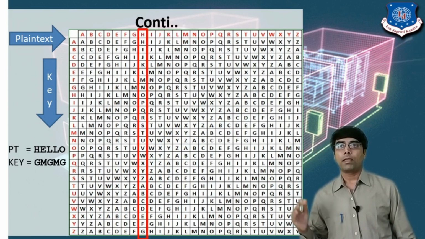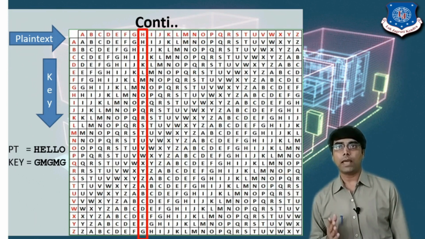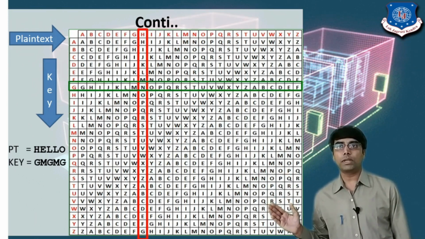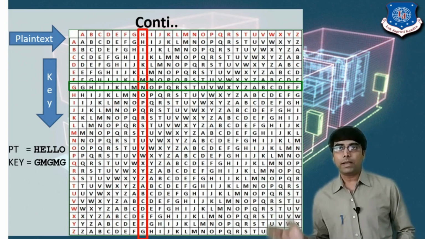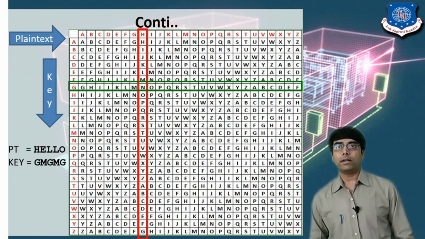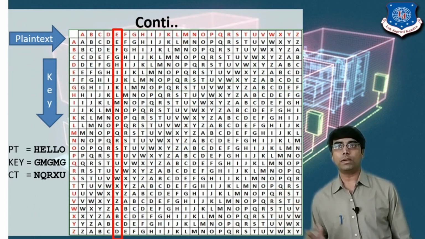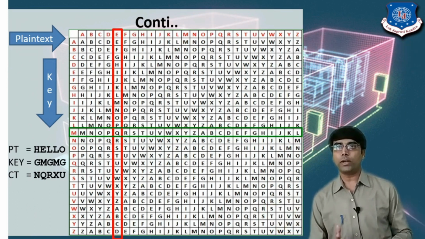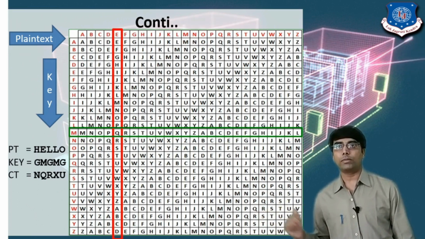The first plain text letter is H, and the first letter of the key is G. Now see the cross point of the plain text character and the key character, and you will get N. So the first letter of the cipher text will be N. Now consider the second letter of the plain text, E, and the key M. See the intersection point of E and M, and you will get Q. This is the second character of the cipher text.